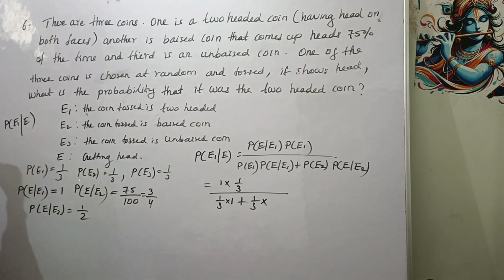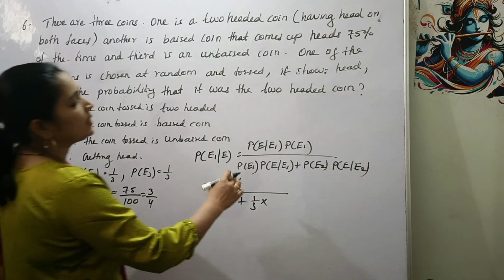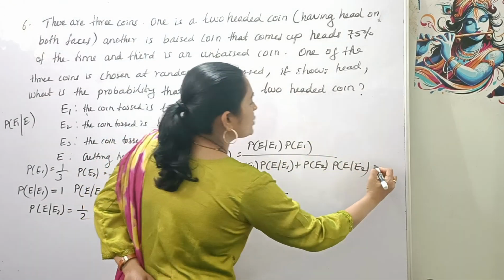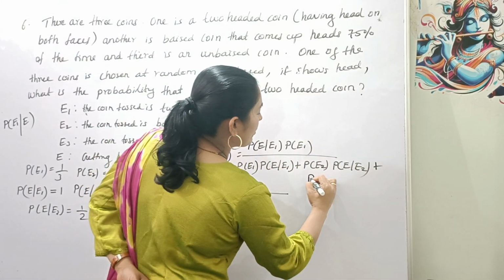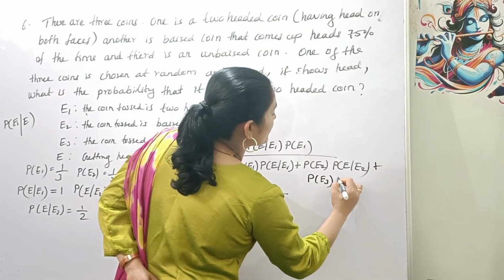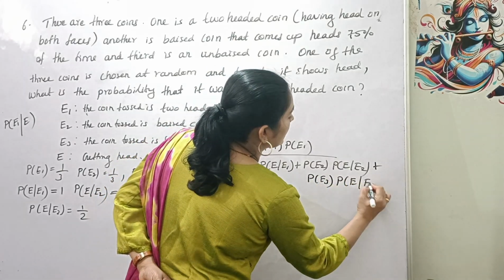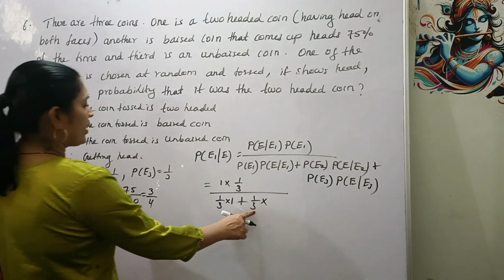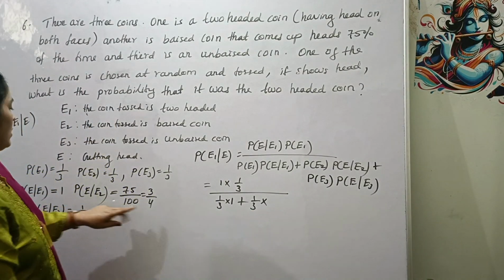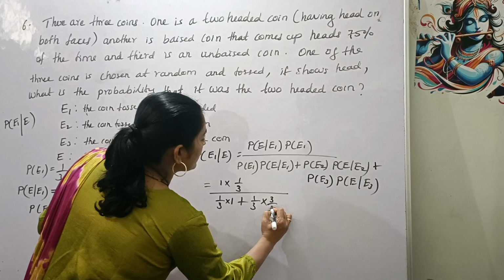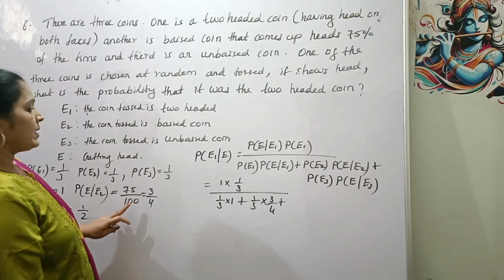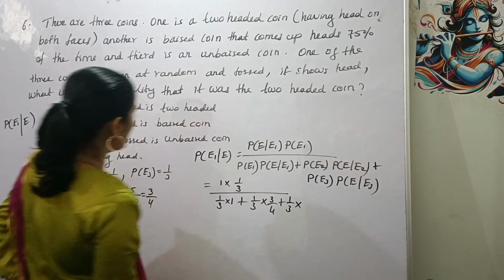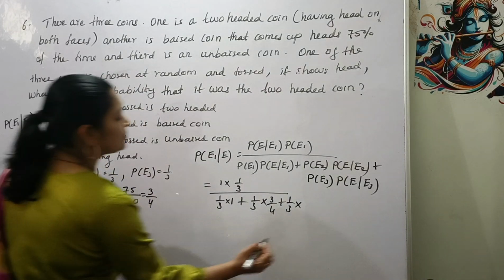yes, 3 coins are there, right? So here 3 events are there, therefore we have to write one more term here, that is probability of E3 into probability of E given E3. Okay. So here 1 by 3 into 3 by 4 plus probability of E3, 1 by 3, into 1 by 2.